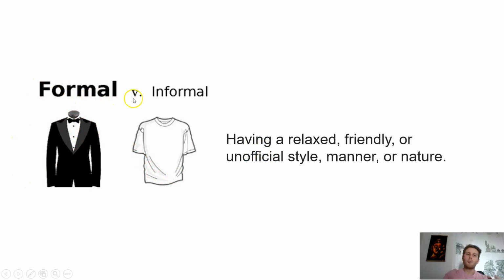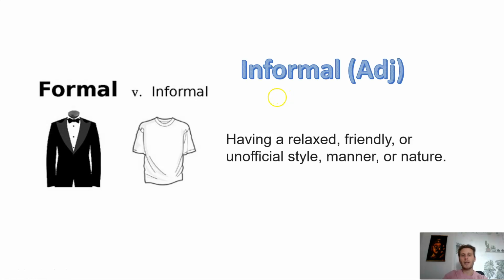So the opposite of formal is informal. So that is when you're relaxed. Maybe you are with your friends. So there's no need to be in a formal situation when you have informal clothes. Okay? So informal is an adjective. It's describing how the atmosphere is or how you are dressed.